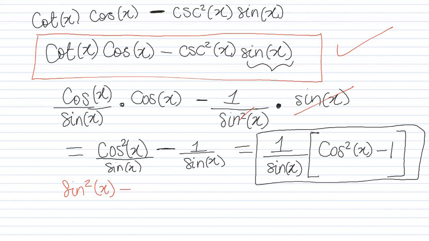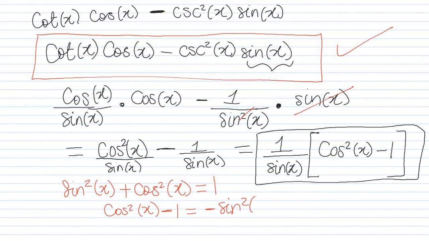So sine square x plus cosine square x equals 1, right? So in this case, if we're trying to represent this, we can also have this to be cosine square x minus 1, because we bring 1 over, I bring 1 to the left across the equals sign, so we have a negative 1, and then we bring sine square x to the other side, it will be negative sine square x, because we're bringing it over to the right, right?